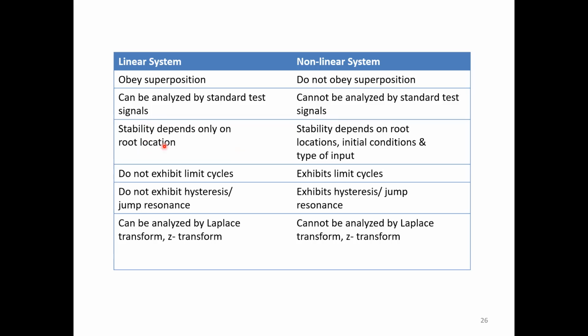For linear systems, stability depends on the root location; for nonlinear, it depends on the type of input and several things. A linear system does not exhibit limit cycles, while a nonlinear one does. A linear system does not exhibit hysteresis or jump resonance, while a nonlinear one does. A linear system can be analyzed by Laplace and Z transforms, while a nonlinear one cannot. These are the differences between linear and nonlinear systems.